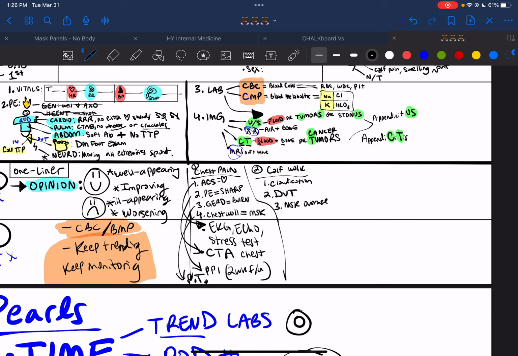Same thing here: claudication, I want to get an angiography or order an ankle brachial index to see what the arteries in his legs look like. For DVT, I want to do a Doppler, duplex ultrasound of his leg and see if there's a clot in there. For MSK, I'll just have him try physical therapy.